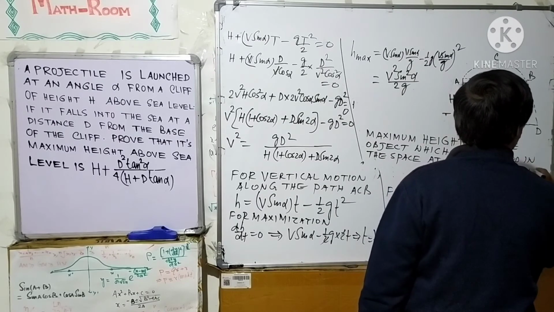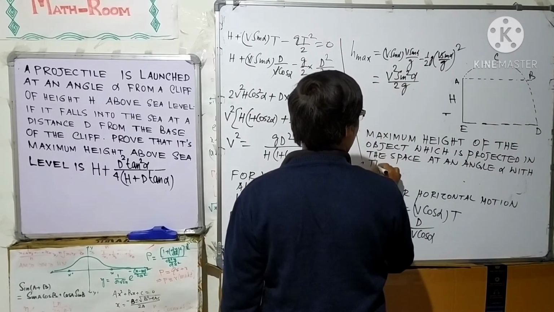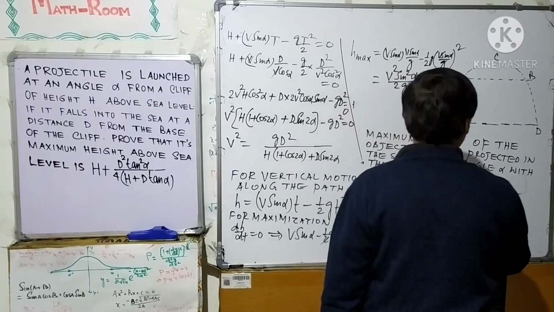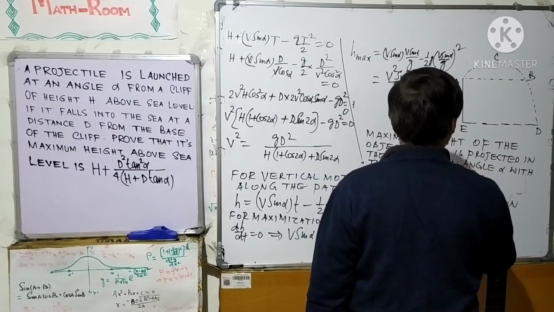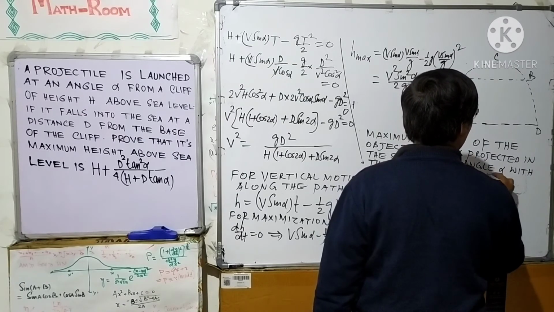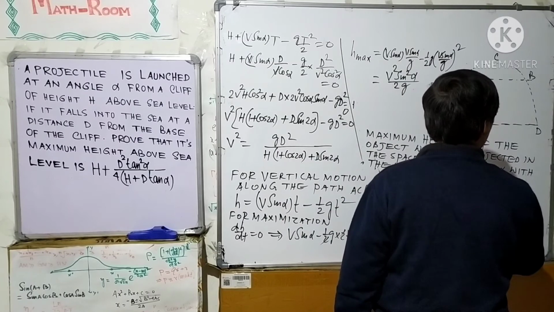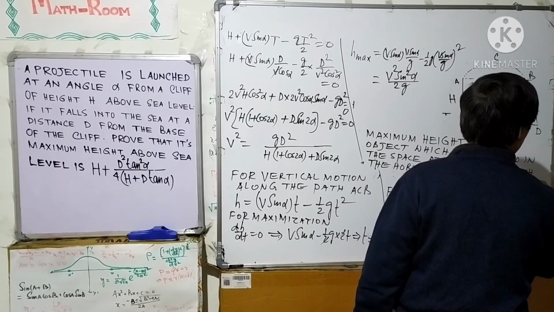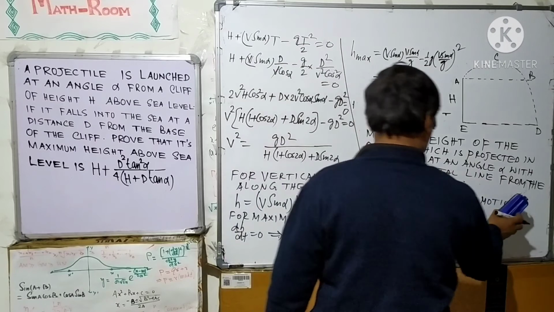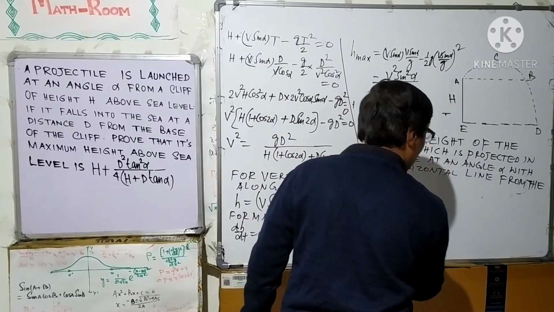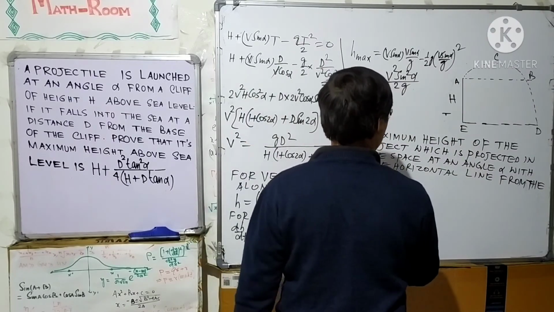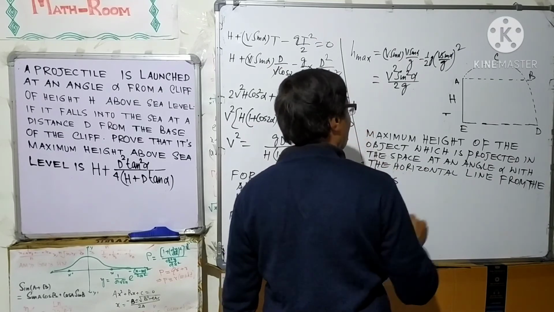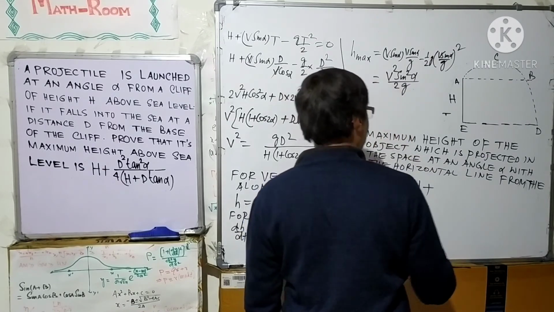with the horizontal line from the height h is h plus h max.